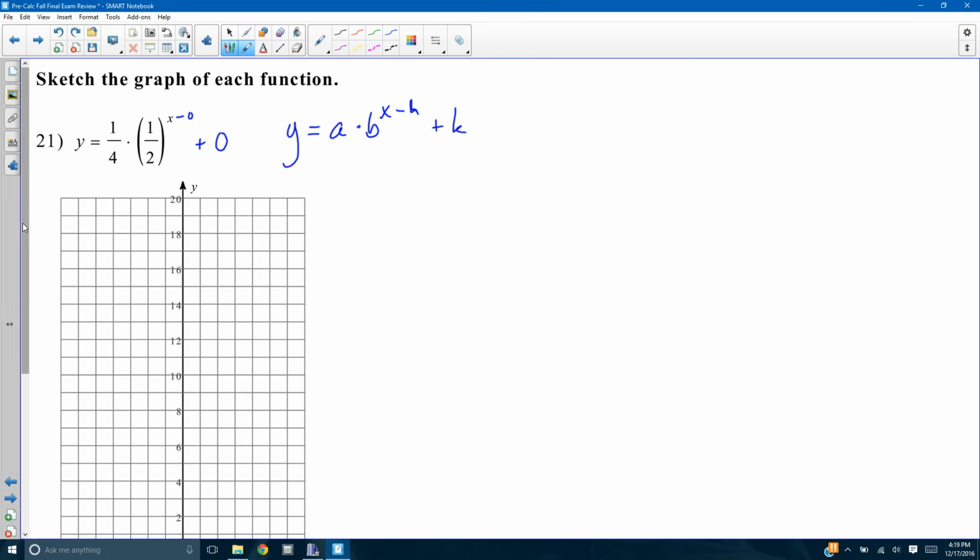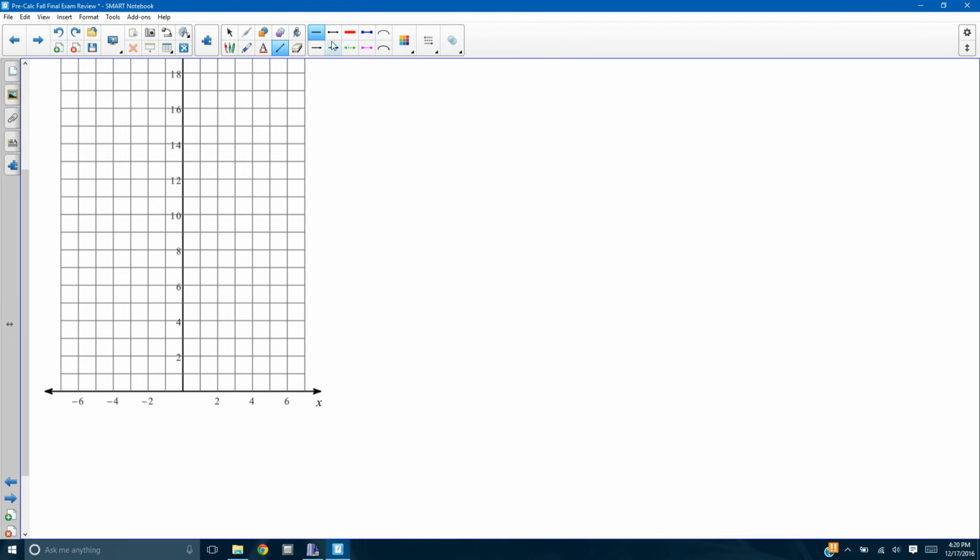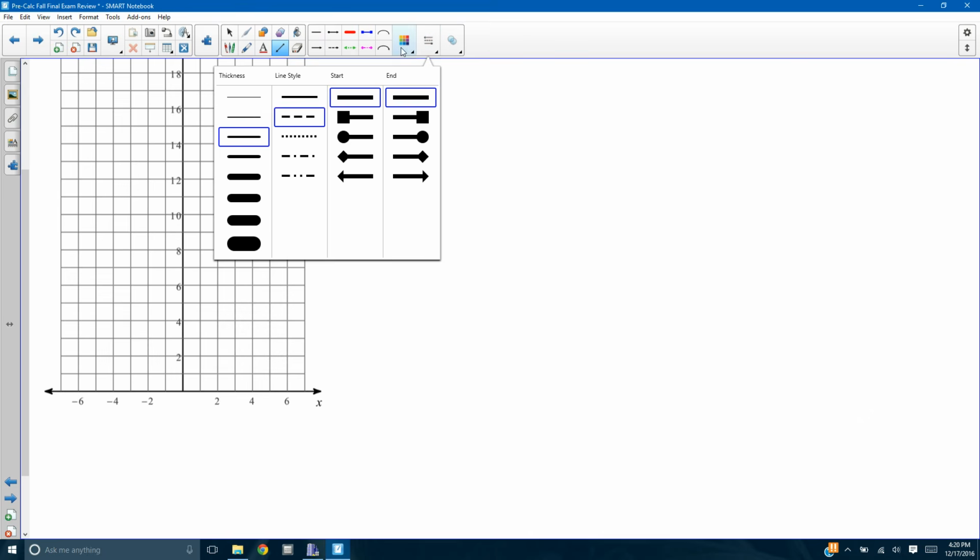Not that those matter too much, but if you do know anything about these values, you can use them. As x gets infinitely large, incredibly large here, this 1/2 multiplies by itself so many times it gets so close to 0 that it might as well be 0. A number that might as well be 0 times 1/4 might as well also be 0. As x gets infinitely large, your points start to approach 0.